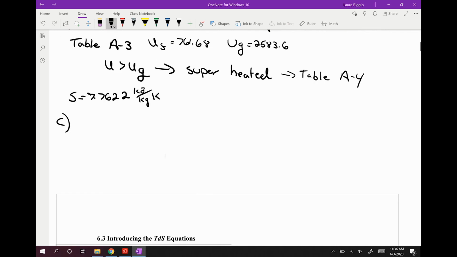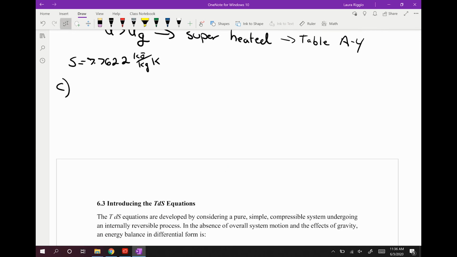In the next one, I'm given R134a. My temperature is minus 22 degrees Celsius. I'm given a quality, which automatically means I am two-phase.